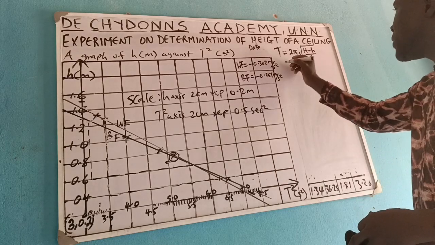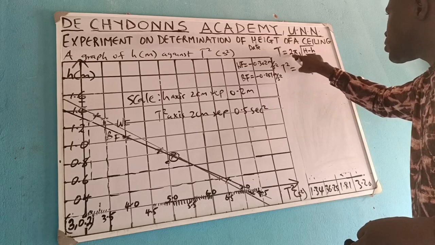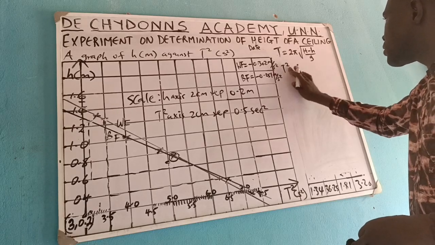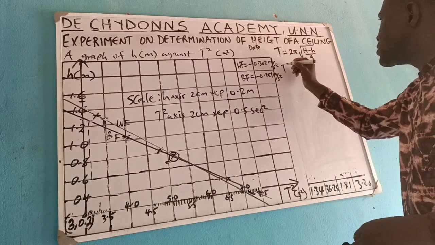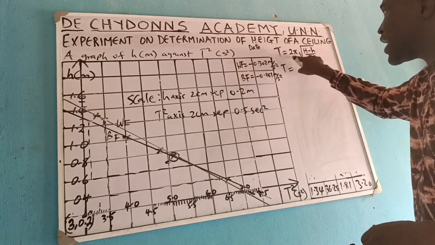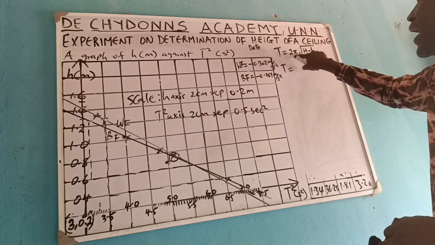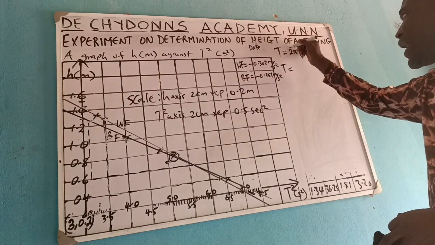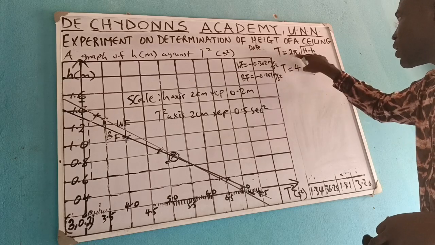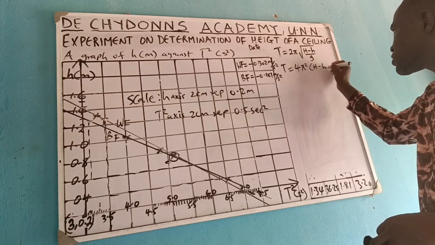Let's take it line by line. T equals, take this 2 pi and bring it inside the square root. If you want to bring 2 pi inside the square root, you have to multiply 2 by itself, you have 4, and pi by itself, pi square, times the bracket h minus small h.